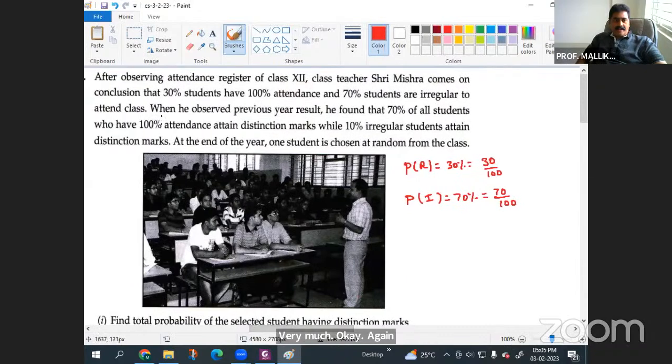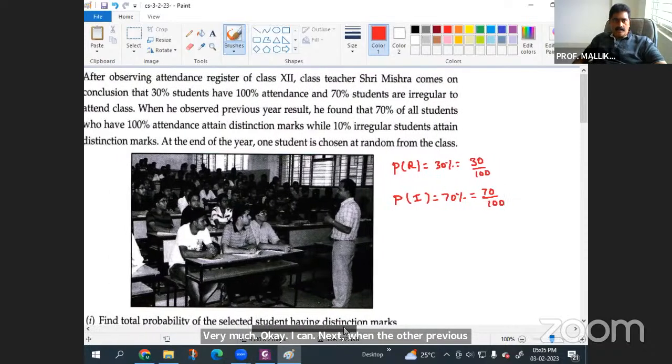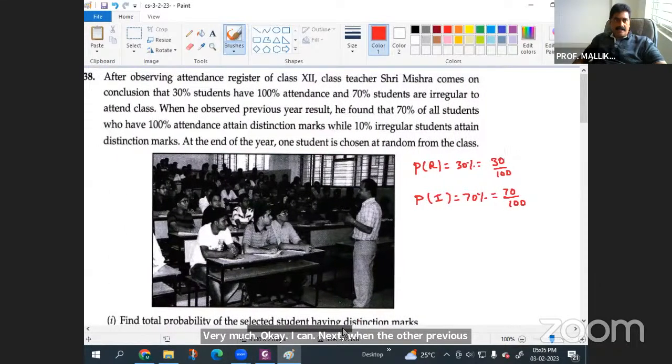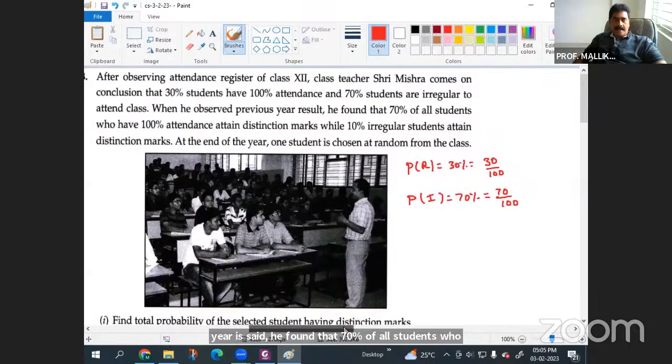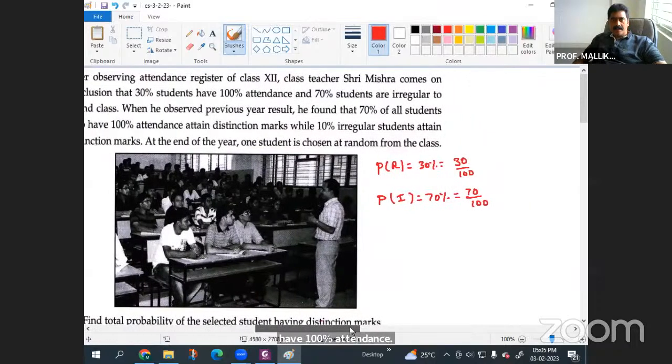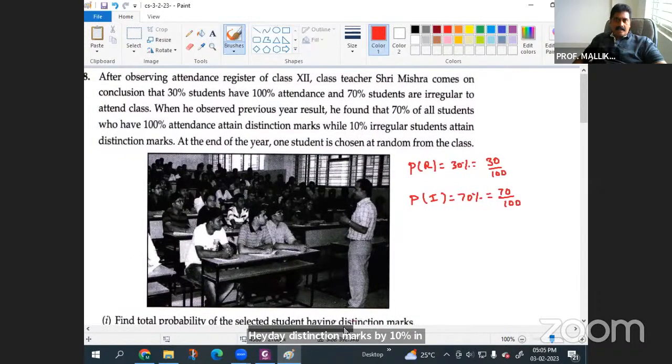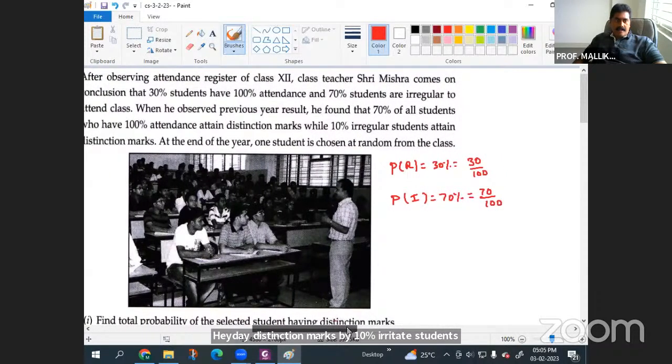Next, when he observed the previous year's result, he found that 70% of all students who have 100% attendance attain distinction marks, while 10% of irregular students attain distinction marks. At the end of the year, one student is chosen at random from the class.